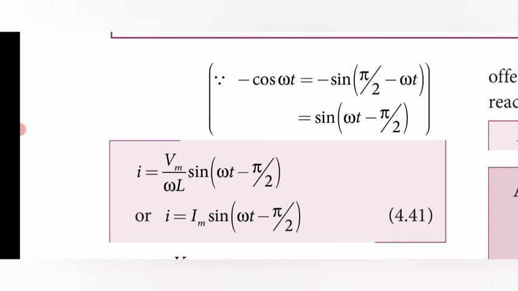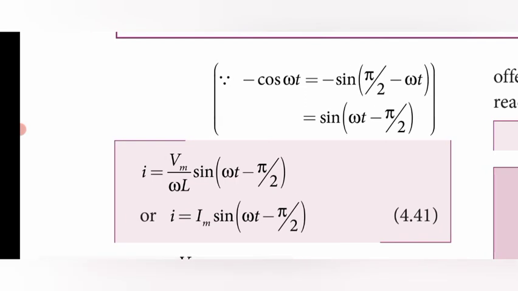Cos omega t we have to rewrite using the formula cos theta is equal to sine 90 minus theta. So here, according to that, sine pi by 2 minus omega t. We have to change the inside values, pi by 2 minus omega t, to omega t minus pi by 2.